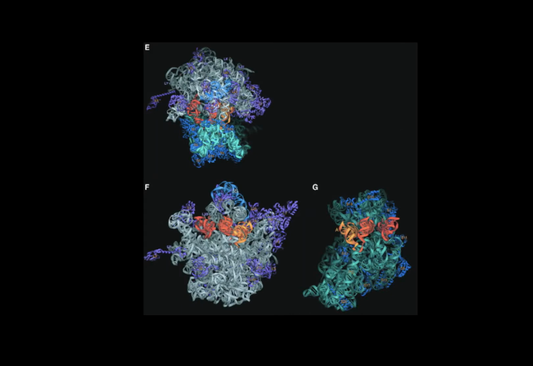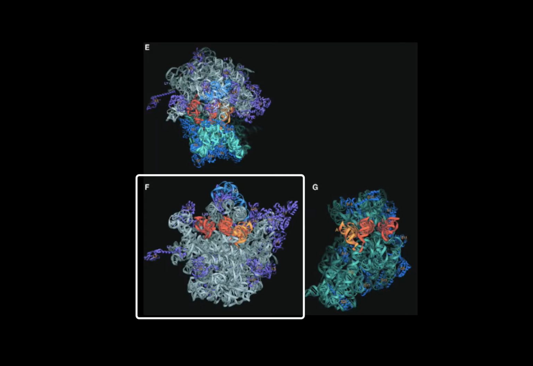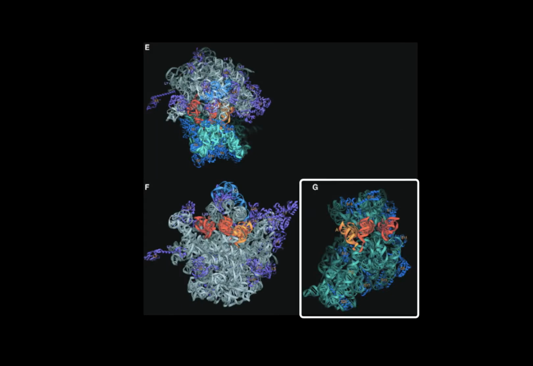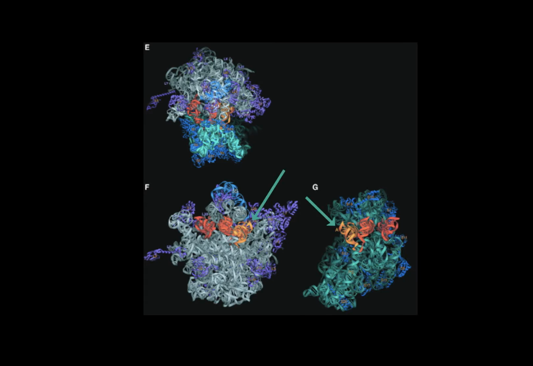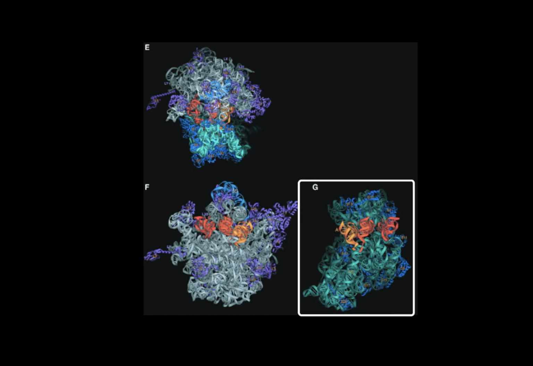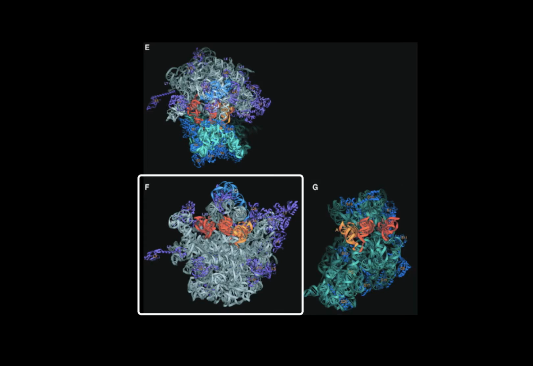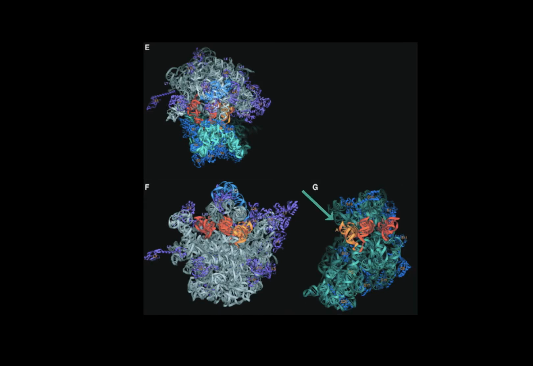Here's another high-resolution view, but this is with the large subunit and the small subunit pulled apart, so you can see the tRNAs in the A, P, and E sites of the ribosome for both the small subunit over here and the large subunit over here. This one would be the tRNA holding the amino acid.